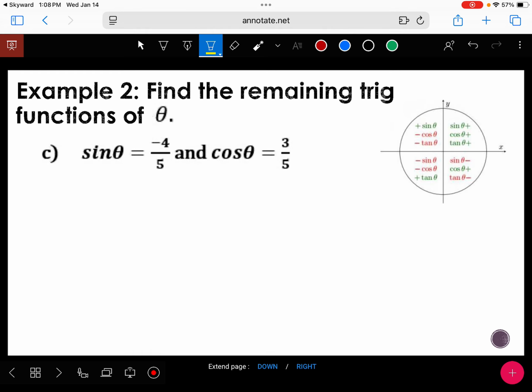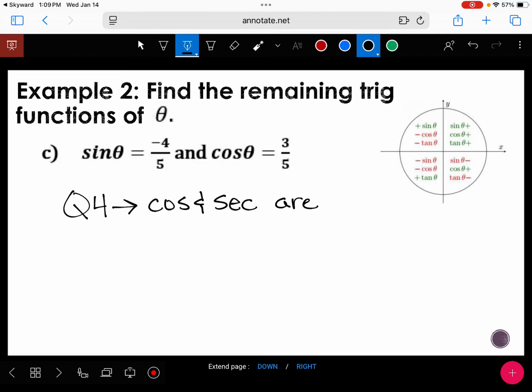Quadrant 3, both sine and cosine are negative. So we're in quadrant 4. So that's really important because in quadrant 4, the only positive values I have are cosine and secant. Everything else should be negative.